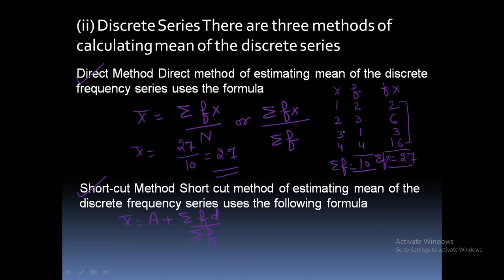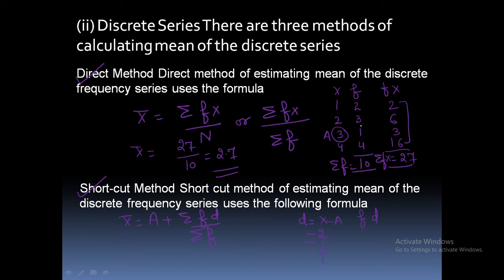For example, here I am taking 3 as the assumed mean. Then you can calculate the d value. D is equal to x minus a. 1 minus 3 we get minus 2. 2 minus 3 we get minus 1. 3 minus 3 is 0. 4 minus 3 is 1.